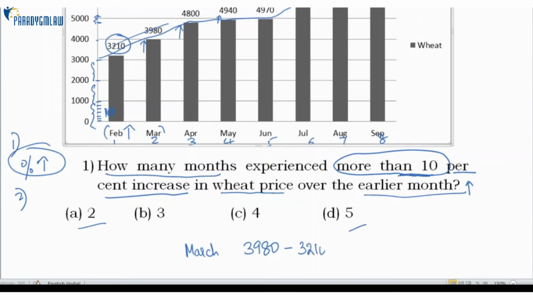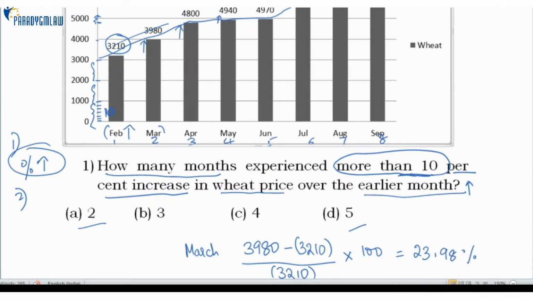I should divide the difference by the smaller number, which is 3210, the number for February. And they're asking me for a percentage, so into 100. When you calculate, you will get the percentage value of 23.98.